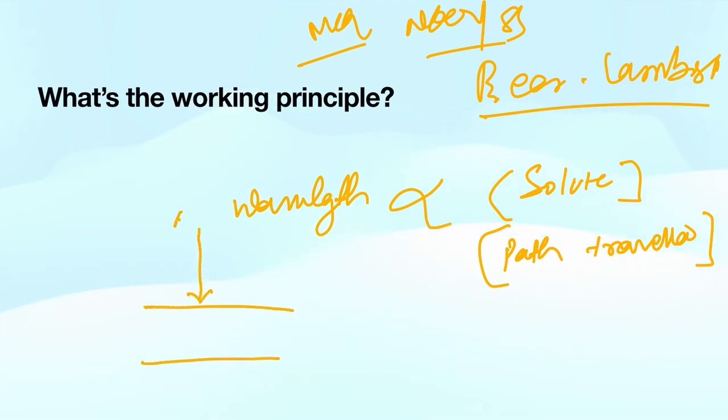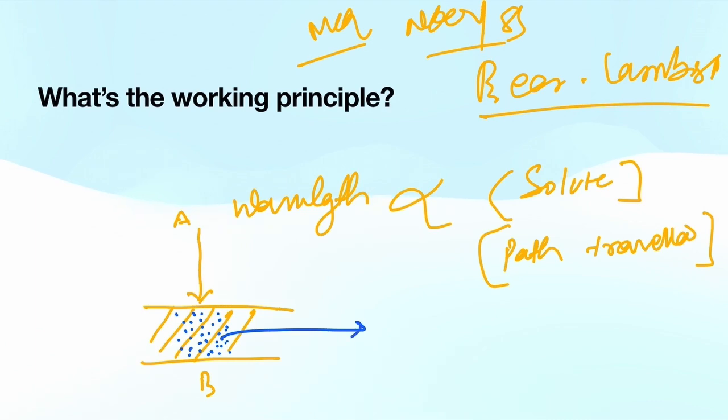Let us consider an example. Here light is passing from point A to point B, and this is a medium and solute particles are there which will absorb the light which is passing from point A to point B. So as per this modified principle of Beer-Lambert law, the absorbance is directly proportional to the solute concentration and the path traveled, the length we can consider it L, right?